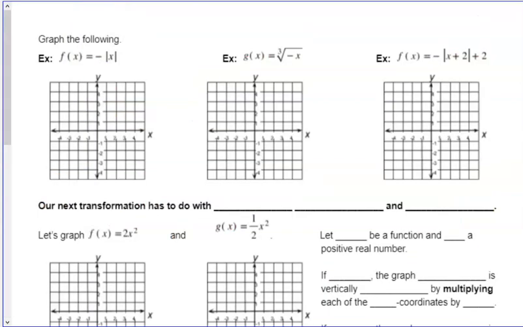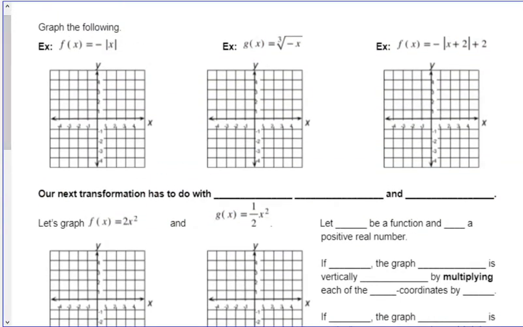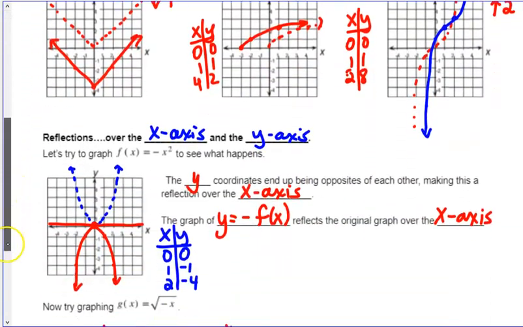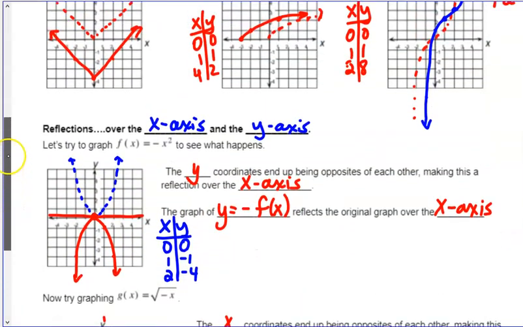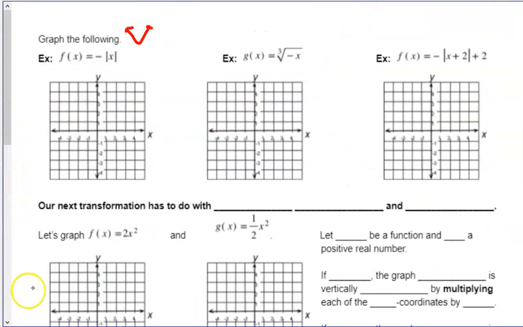So let's look at these functions and see if we can figure out what the reflection is, or the transformation, I should say, and how that changes our graph. Here we have our absolute value, remember it is my V-shaped graph. The negative is on the outside, and according to what we had down here, if the negative is on the outside of my function, we're going to have a reflection over the x-axis.